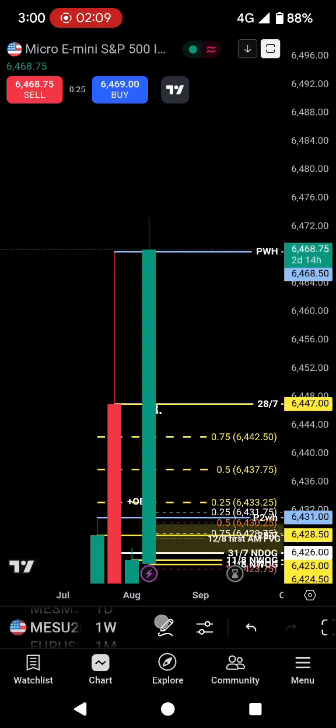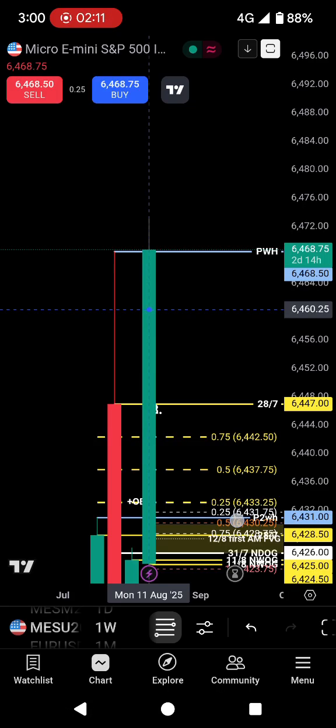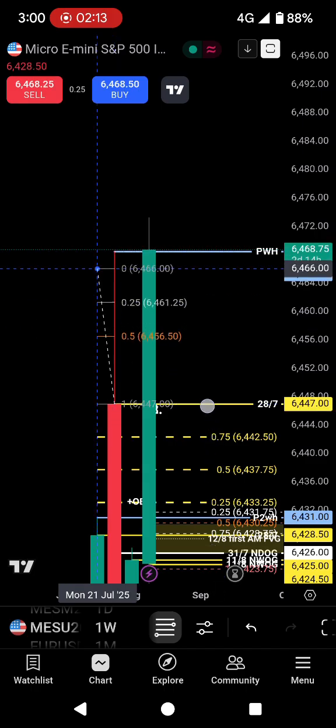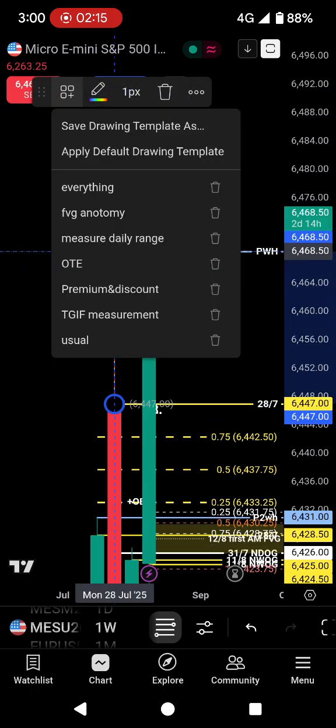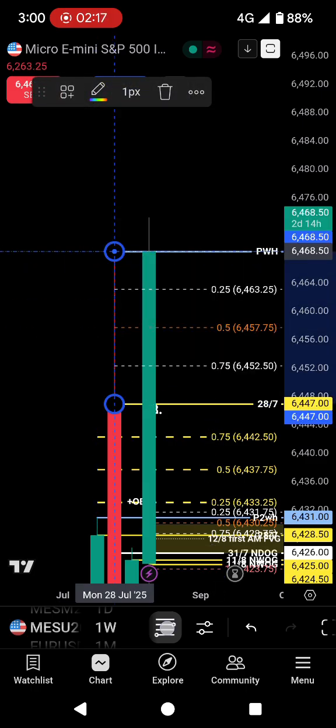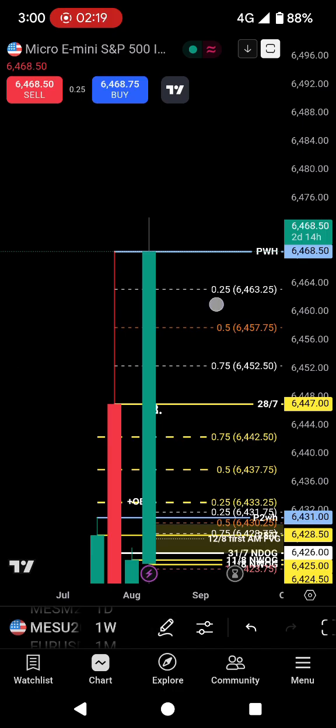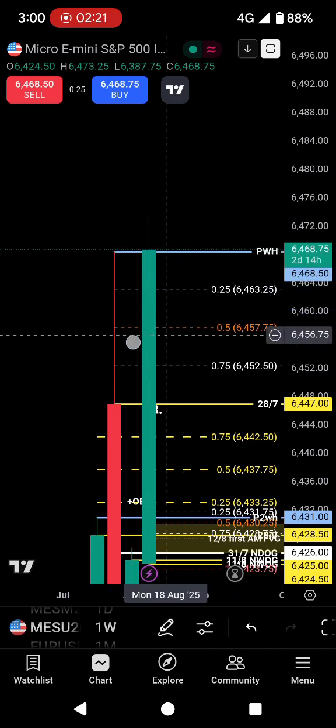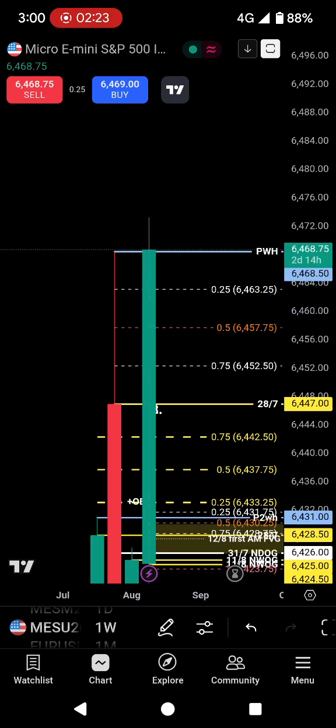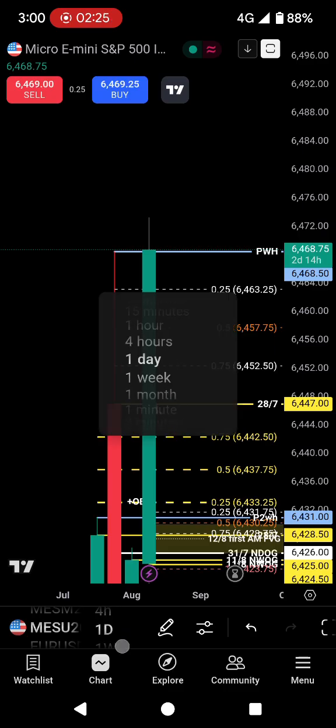So now what I'm going to see is the wicks. So this is going to be the upper quadrant and the weekly CE wick, which will be the draw. Okay, the weekly CE wick to the downside.